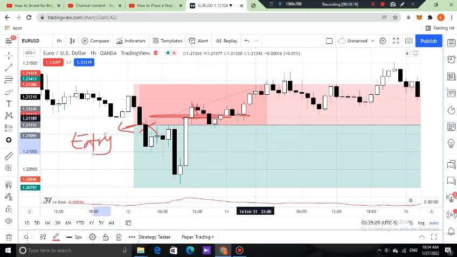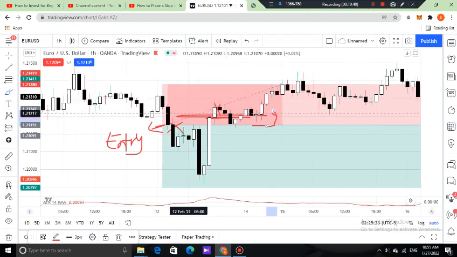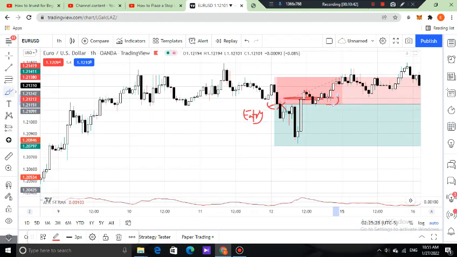It's not that considerable because the distance between this initial entry and this new entry is not that much, but you can get out of the position not only without any loss but also with profit, which is great.